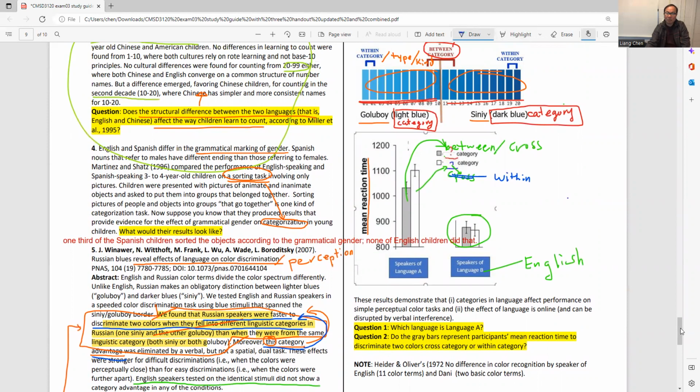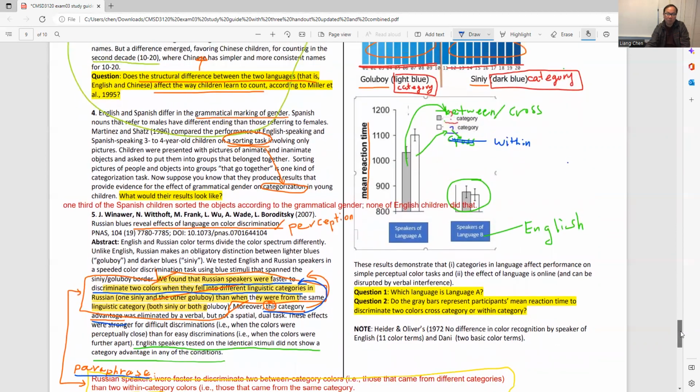Now, if we look at it here, this figure summarizes the results in the abstract. So these are the mean reaction times. Remember, mean reaction time, the more time you spend means that you are slower, the poorer the performance. So remember, which is faster?